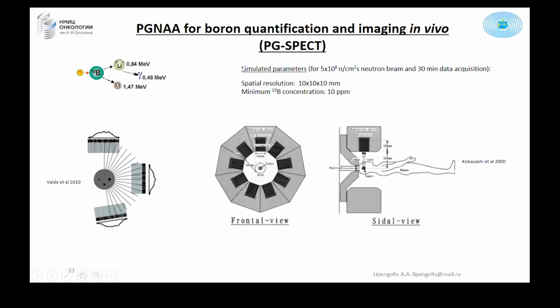Some calculations performed also by Japanese scientists show that for a spatial resolution of 10 millimeters, boron can be detected starting from a concentration of 10 ppm. That is quite enough.